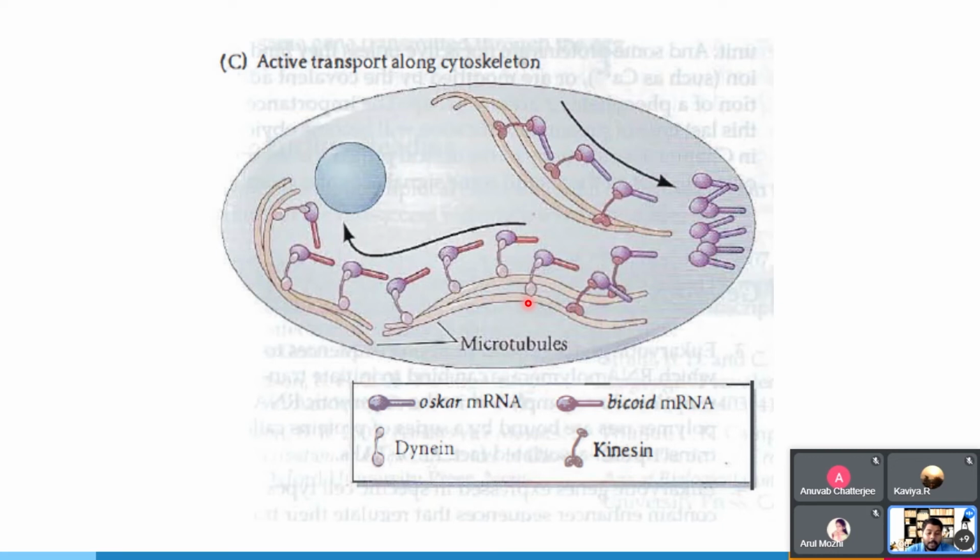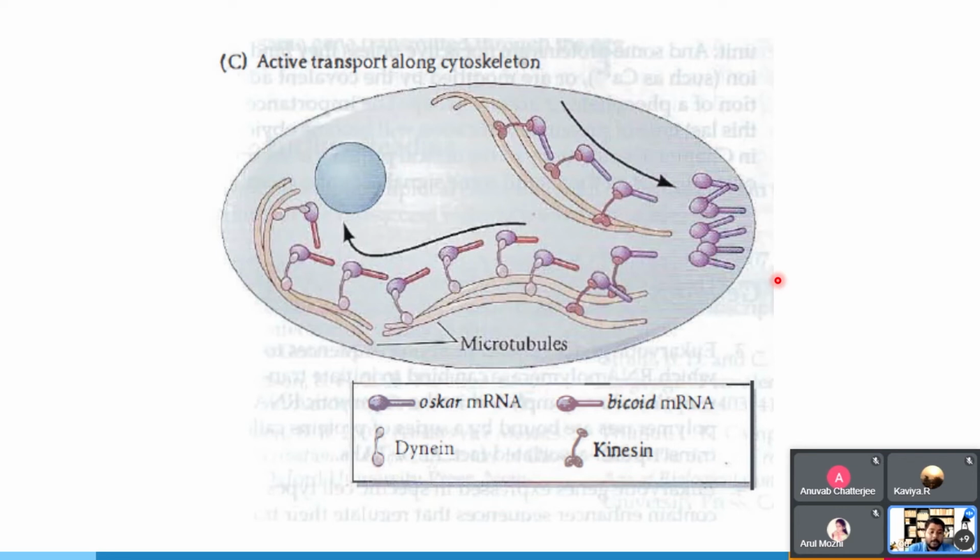Preferentially, some mRNA, such as the bicoid mRNA, is taken to the anterior end, and the oskar mRNA to the other end. This essentially is what the oocyte comes with. So already in the Drosophila oocyte, the symmetry is broken by differential transport of mRNAs to specific parts. This is something we'll look into as we look into Drosophila embryogenesis.